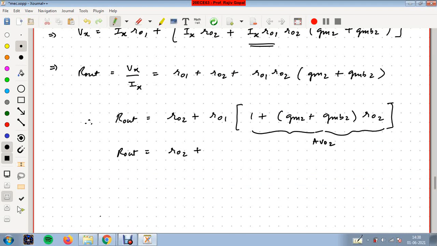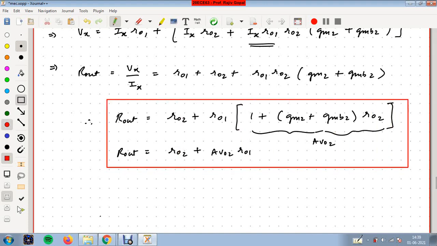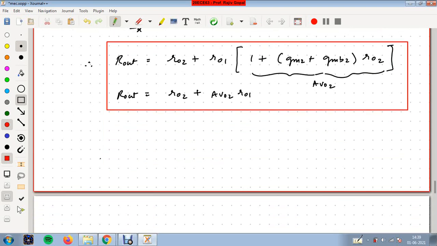So I can write this as R02 plus AV02 into R01. Put this in a box. This is R out. So I have derived R out, R in, R in 2, and R out 1. I hope you're following this. If you have any queries, stop me.